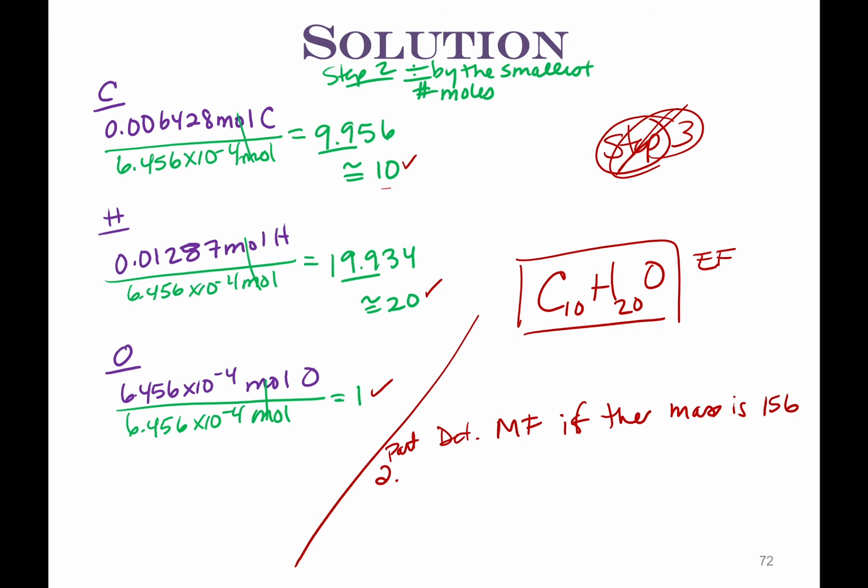So 10 times 12.01, which is 120.1, plus 20 times 1.008, which is 20.16, and plus 16.